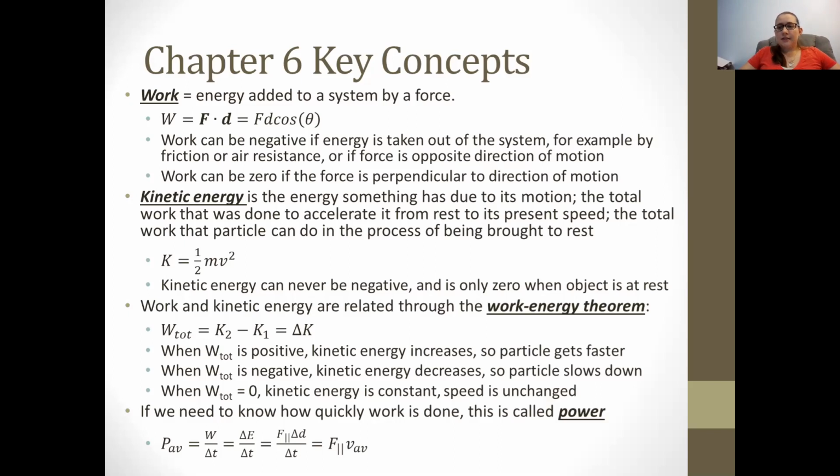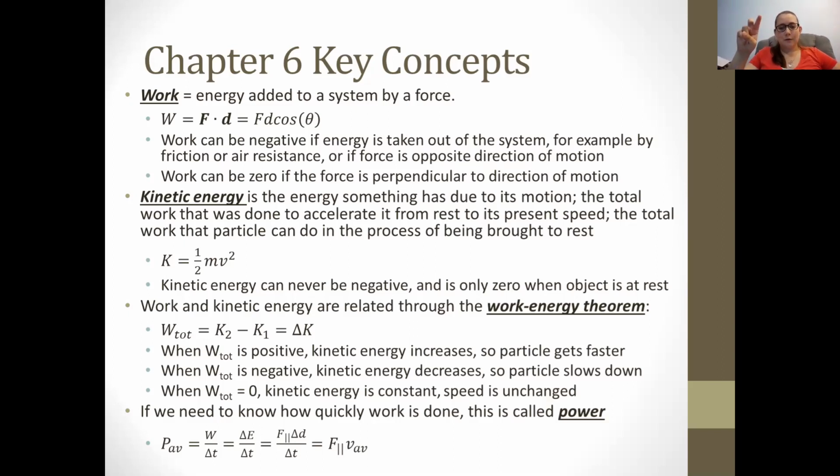Related to work, again, is another thing called power, which tells us how quickly work is done. And so that is the work divided by the change in time is our average power. We can also relate that to energy, because remember, work and energy are related to each other. So the change in energy over the change in time. Okay. We also know that work is related to the force and the displacement.